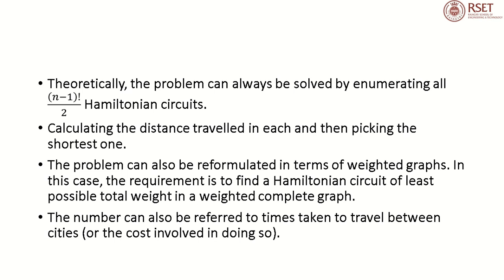The problem can also be reformulated in terms of a weighted graph. In this case, the requirement is to find a Hamiltonian circuit of least possible total weight in a weighted complete graph. The weight can also refer to the time taken to travel between cities. That is, the weight can be considered as either time or distance.